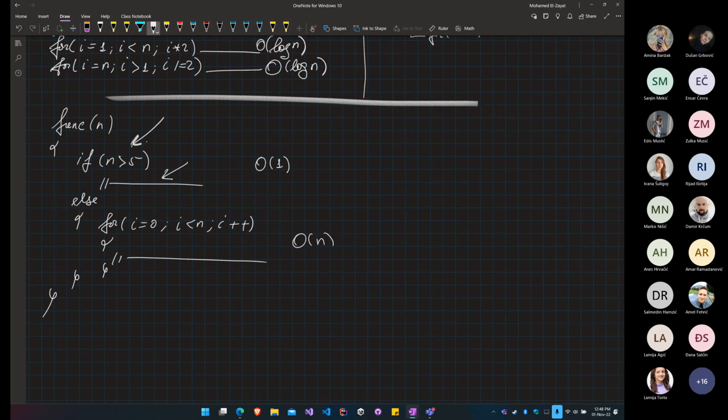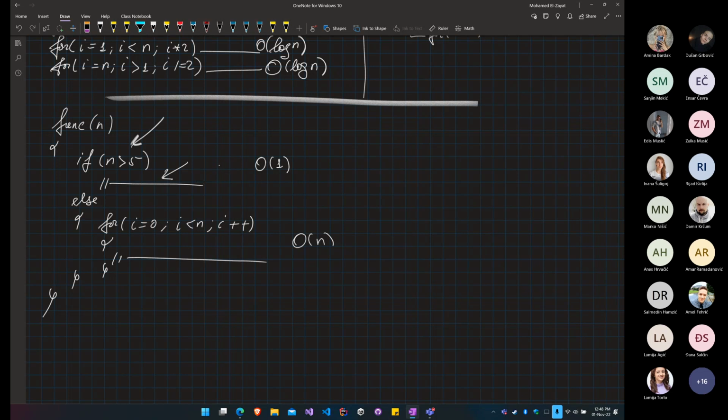Let's say 90% of the time we're going to get n always less than 5, then the worst case is going to be n, and the best case is going to be O of 1, because you always wish that n is going to be larger than 5, so you can execute this in only one step.